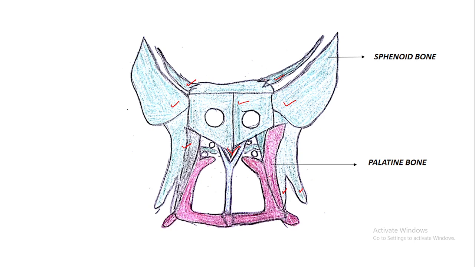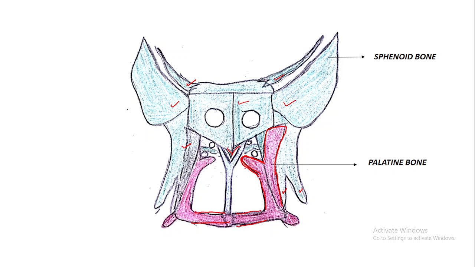Second, this red colored bone is the palatine bone. The palatine bone has the horizontal plate, which forms the hard palate, and the perpendicular plate. This perpendicular plate of palatine bone is again divided into the sphenoidal process and the orbital process of palatine bone.